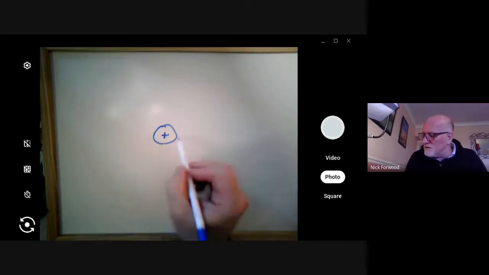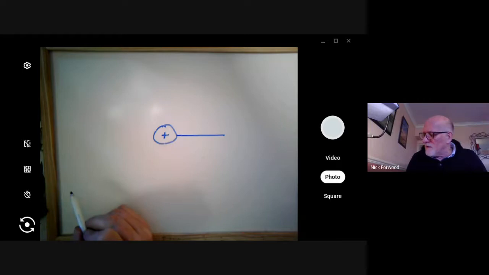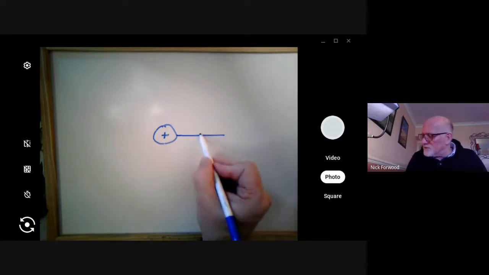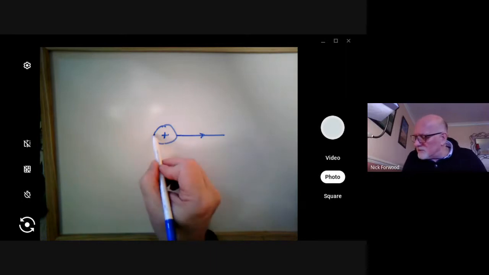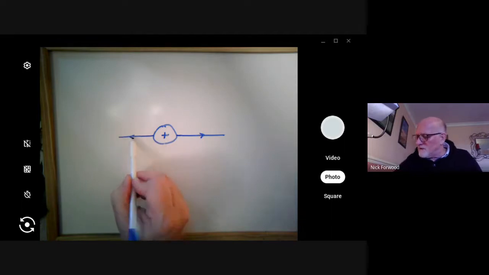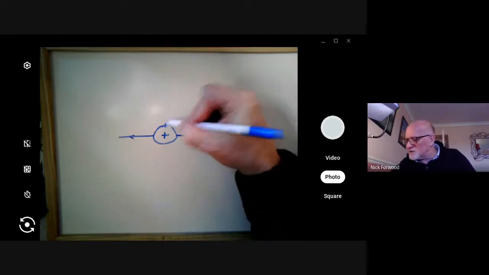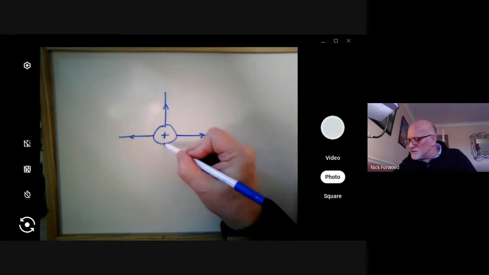So we get the idea of the field by putting our test particle here, and because it's positive, it's just going to shoot straight out that way. And because it's going that way, I'm going to put an arrow on it. If I take the one on the opposite side and put a little test particle here, it's going to shoot off that way. And if I put another one here, it's going to shoot off that way, and same here, this way.